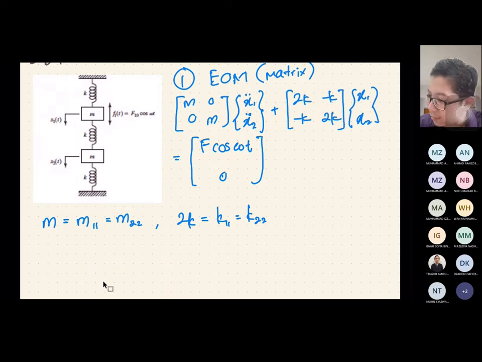And then we have the k part, or the negative k. So this negative k we can define as k1 2.